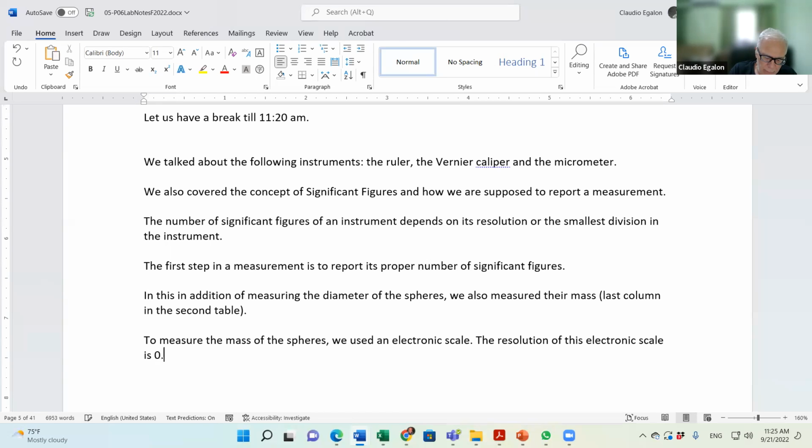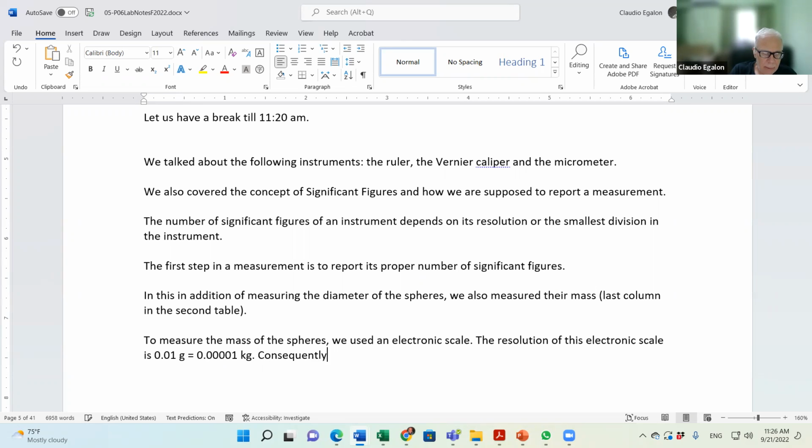Well, 0.01 grams. That's the type of resolution that we have for this scale, which when converted to the main SI unit for mass, we have to add 3 more decimal places and report the unit as kilograms. That's the resolution of your electronic scale.